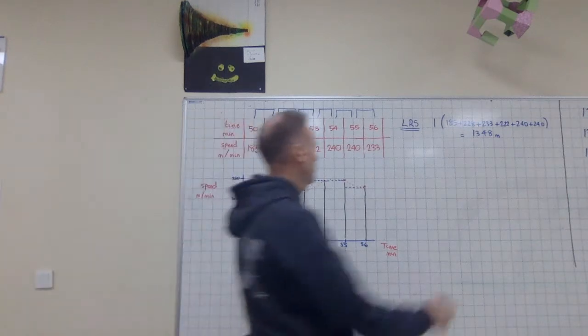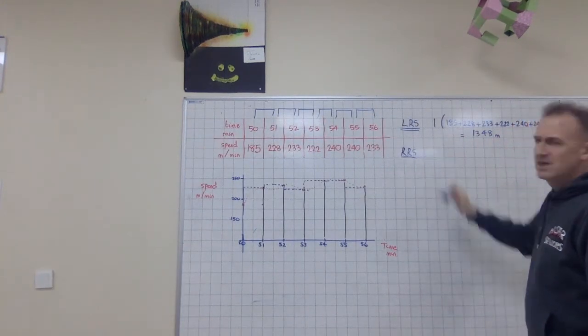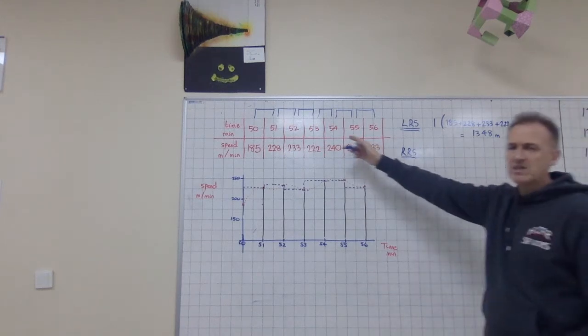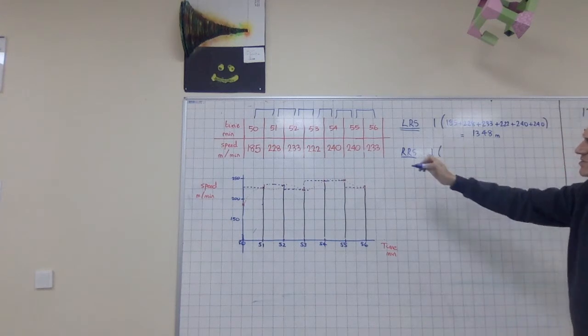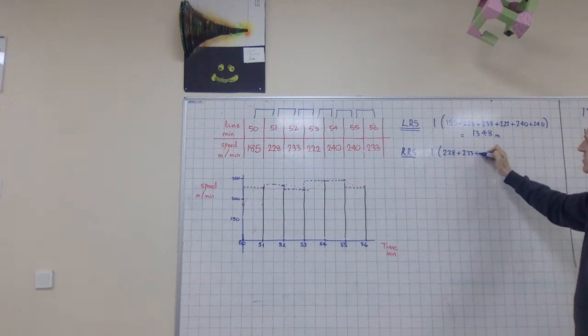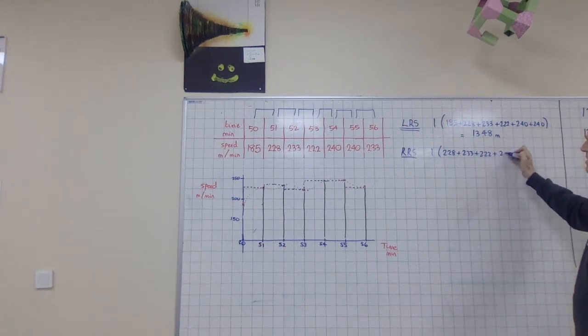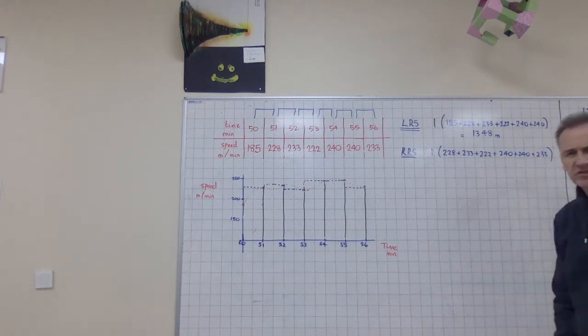What does that give us? The right Riemann sum is going to be, again, the widths are still 1, so it's going to be 1 times 228 plus 233 plus 222 plus 240 plus 240 plus 233.